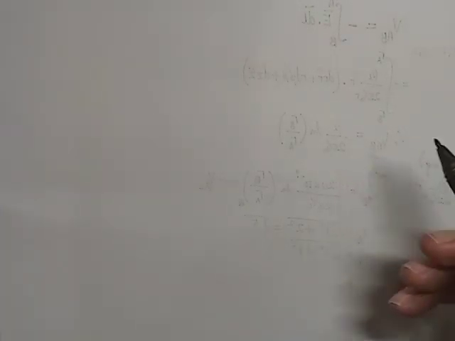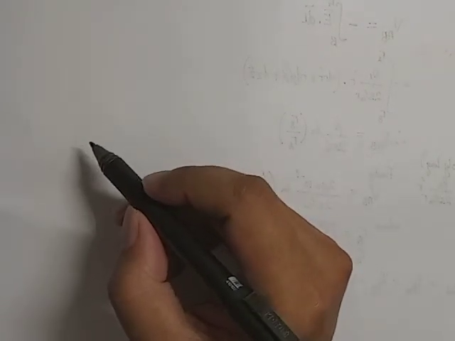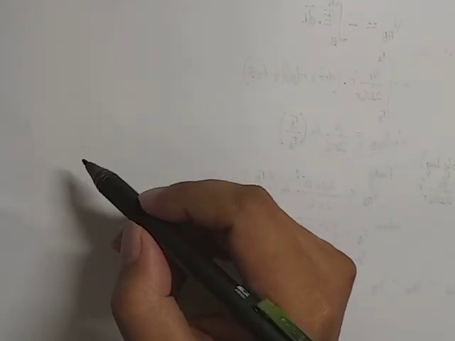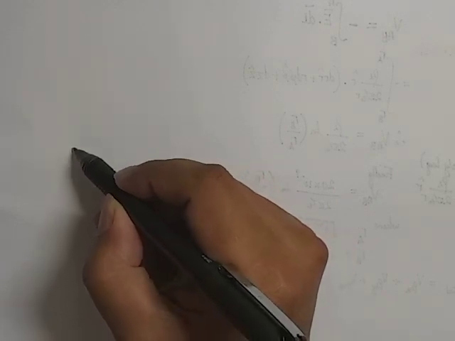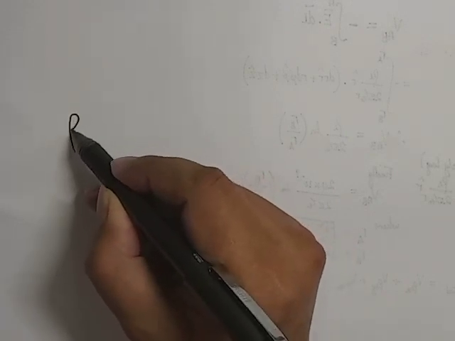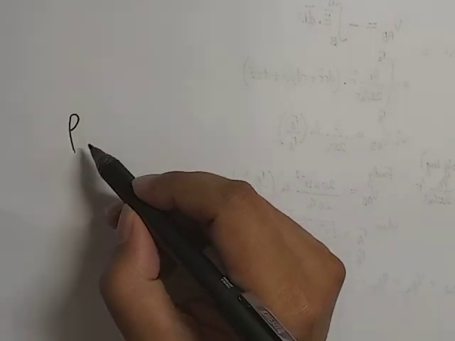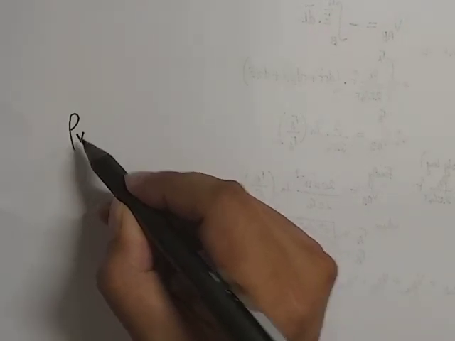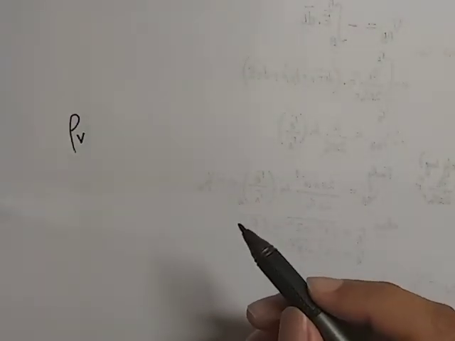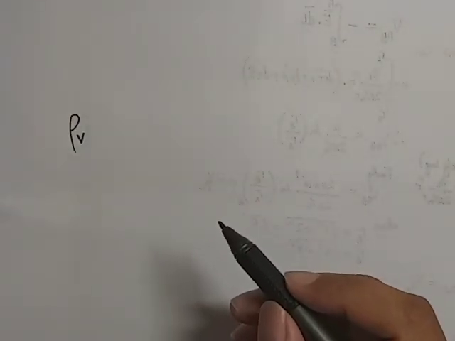So we are talking about the electrostatic field, and I'm going to use a black ink now to indicate what we have learned. We know that the source to generate the electrostatic field is stationary charges, which we represent as rho v, known as volume charge density.